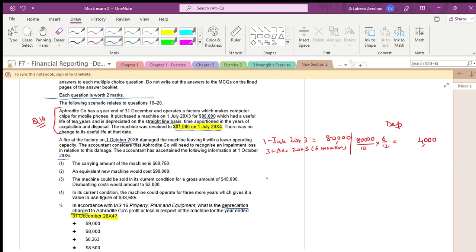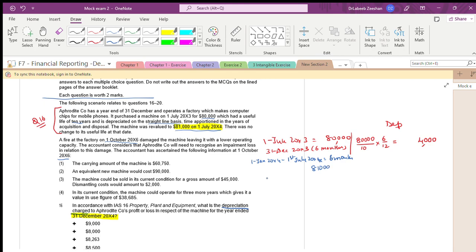Means from 1st January 2004 to 1st July 2004, how many months? 6 months. Okay. What is the revaluation amount? 81,000.